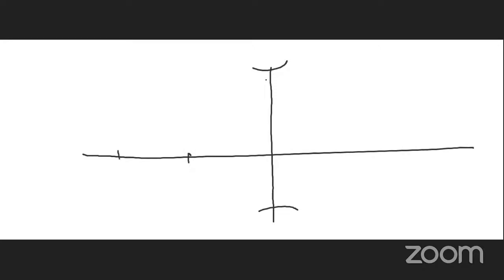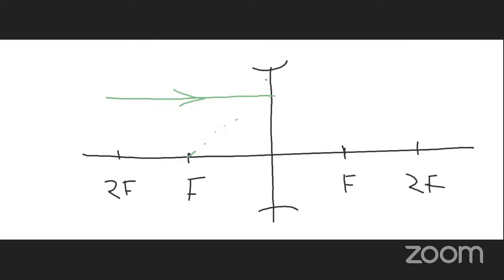This is F, this is twice F, then similarly there we have F, and this is also twice F. A ray which is close and parallel, let me change this color, I can use green, a ray which is close and parallel to the principal axis, on refraction appears to be coming from this.